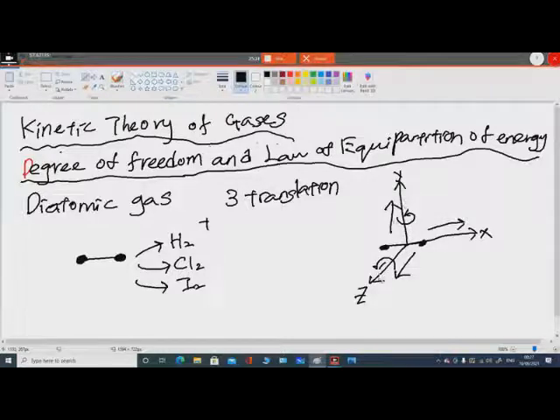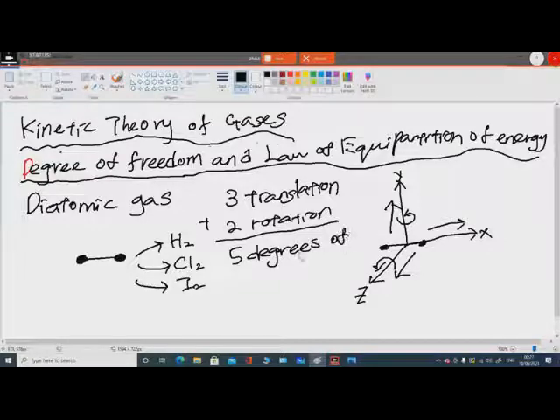And why is there no rotational motion along the x-axis? Let me explain later. So we have two rotations. So what we get is actually 5 degrees of freedom. This is the degrees of freedom for diatomic gas.